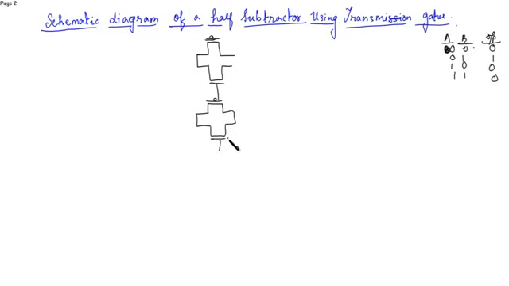Okay, this one is for the borrow. Okay, because we already know the schematic diagram for the difference.